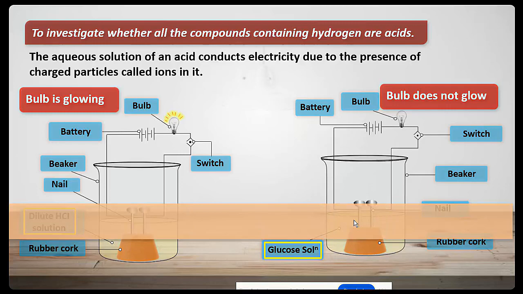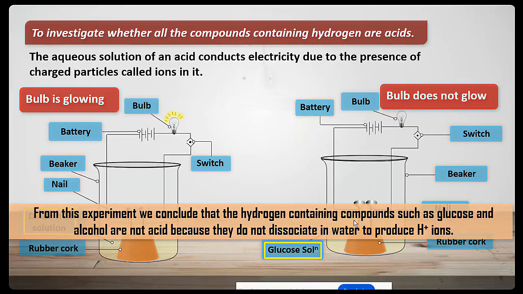So from this experiment we conclude that hydrogen-containing compounds such as glucose and alcohols are not acids because they do not dissociate in water to produce H plus ions. Is it clear? But acids dissociate to give H plus ions in water so that they conduct electricity easily.